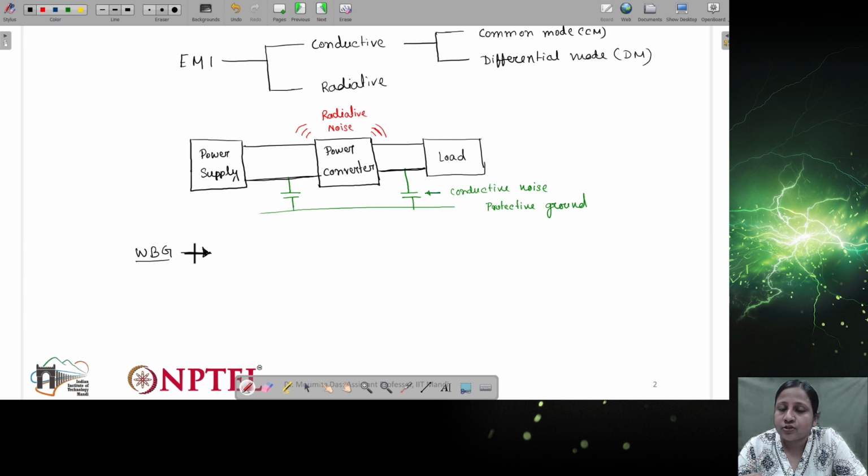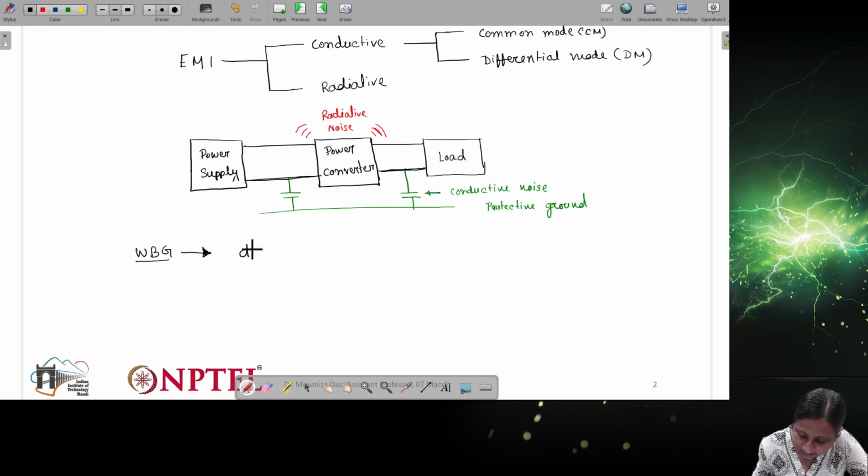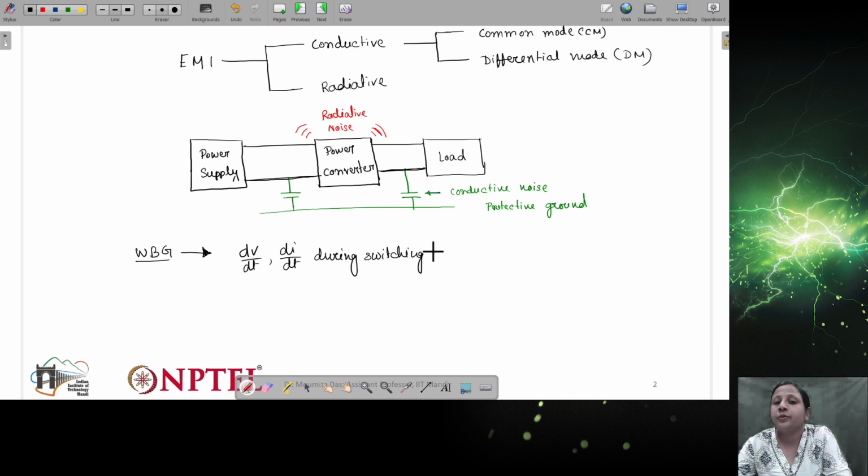The rate of change of voltage and the rate of change of current, this dV/dt and dI/dt during switching, will also become higher. T will be very small for very high frequency operation.